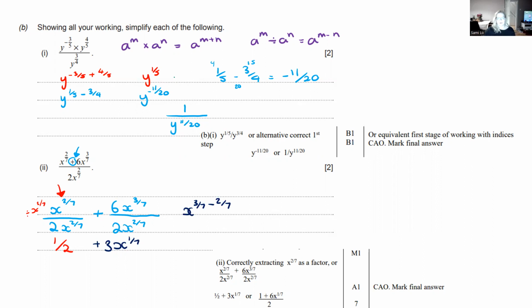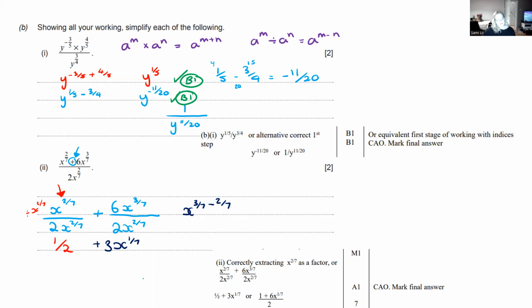So I can take that off there. Then the second question was knowing that I was subtracting them and getting my second part by there. Just going to rub off M1 because it was actually a B1 for this question. So that's done.